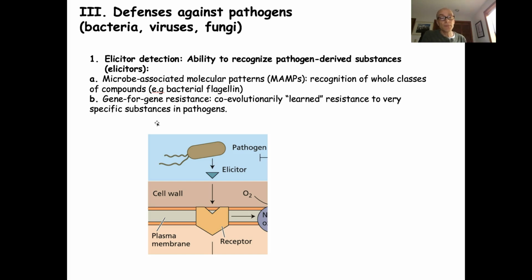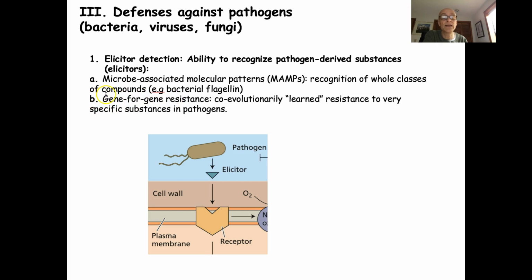And so while the bacteria might have specialized on a specific plant species to infect, the specific plant species might have co-evolved a specific receptor for a specific substance. And that's why they're called gene-for-gene resistance.